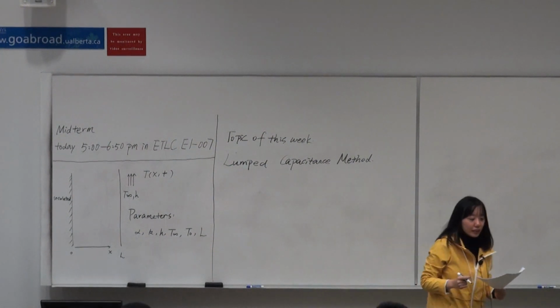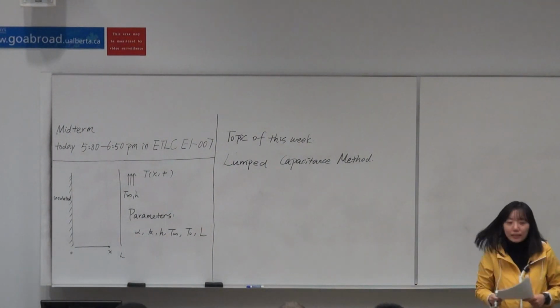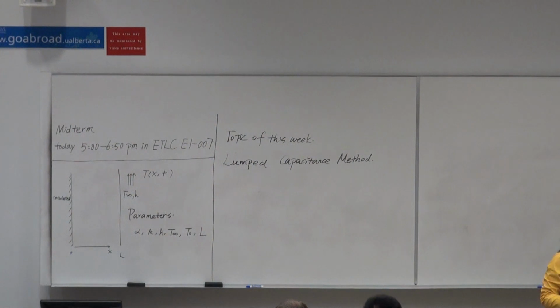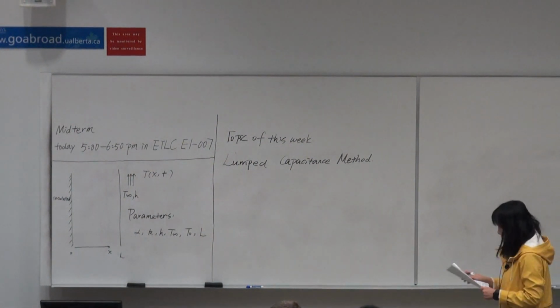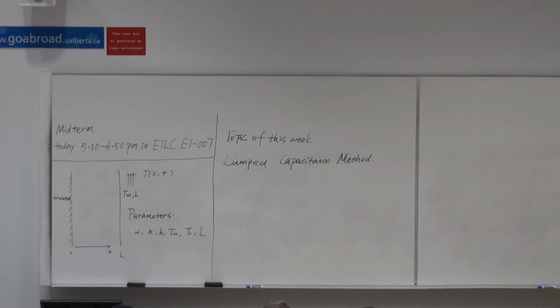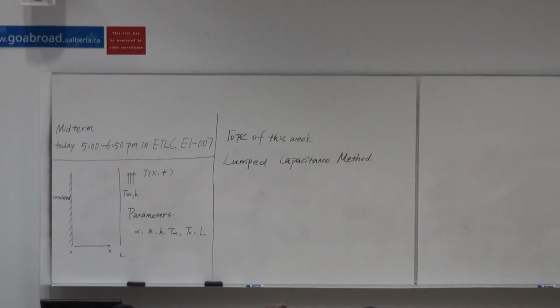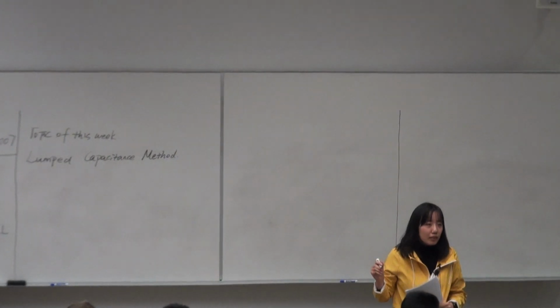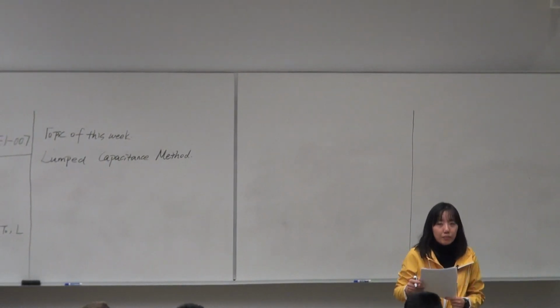We assume the temperature distribution is uniform inside the object. And on Monday, we learned that there must be some condition for us to apply this method, then we can get a reasonable estimation.